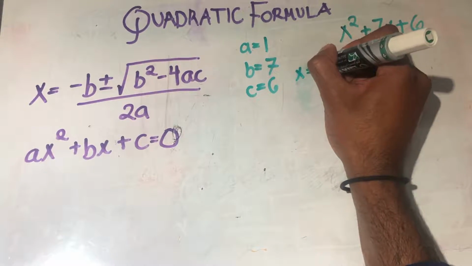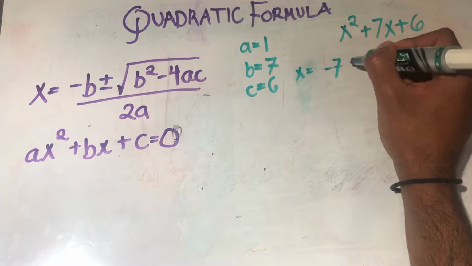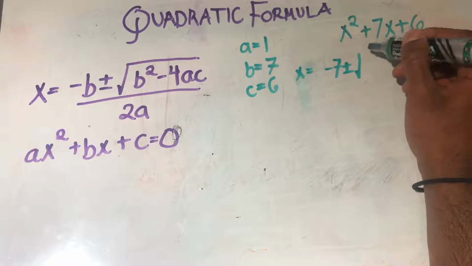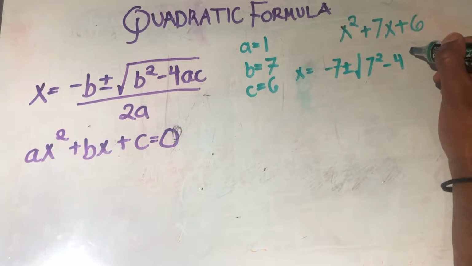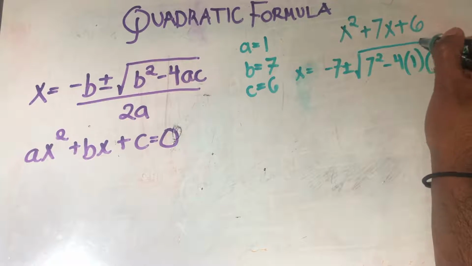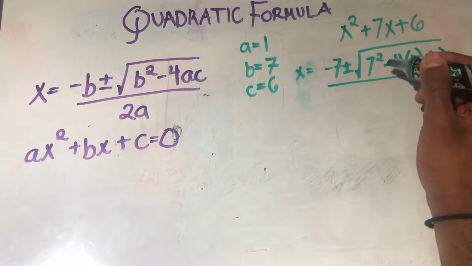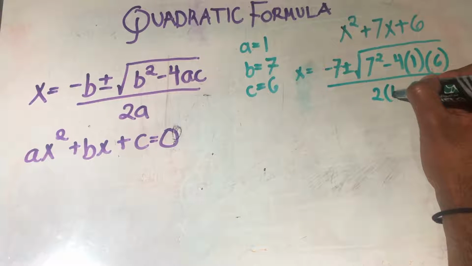We have x is equal to negative b, which is negative 7, plus or minus the square root of b squared, 7 squared, minus 4 times a, which is 1, times c, which is 6, and all that under the square root, over 2 times a, which is 2 times 1.